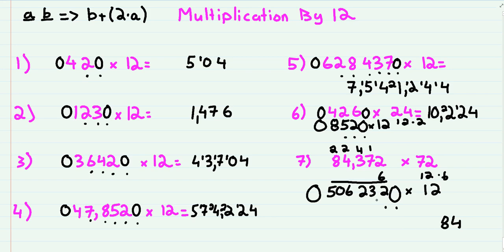Done with step 2. 3 plus 4 is 7. 2 plus 12 is 14. 6 plus 0 is just 6, plus the carried 1 makes 7. Now over here, 0 plus 10 makes 10. And 5 plus 0 just makes 5, plus the carried 1 makes 6. So our final answer is 6,074,784.